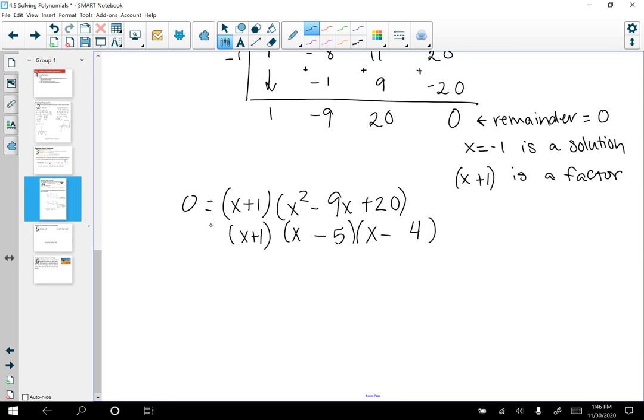Okay, so now I need to solve this, right? This should be set equal to 0. That was our whole initiative. So I need to find my zeros. I go ahead, set all of these terms equal to 0, and solve for x.